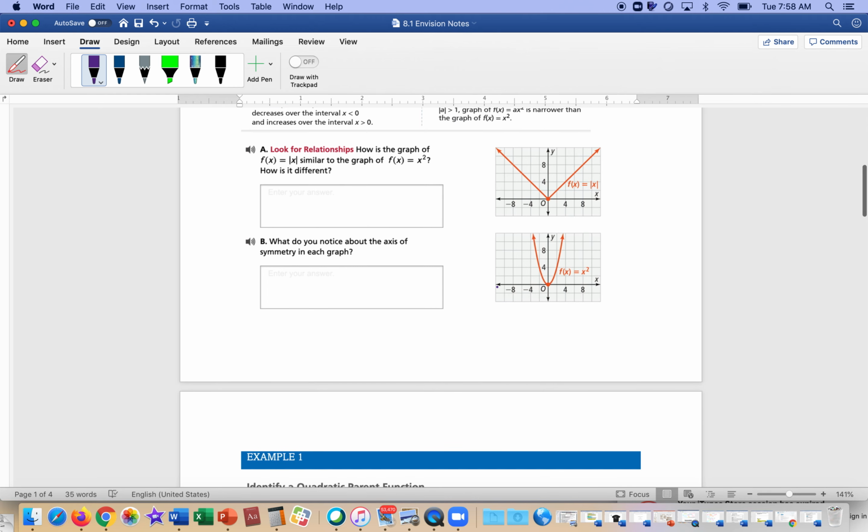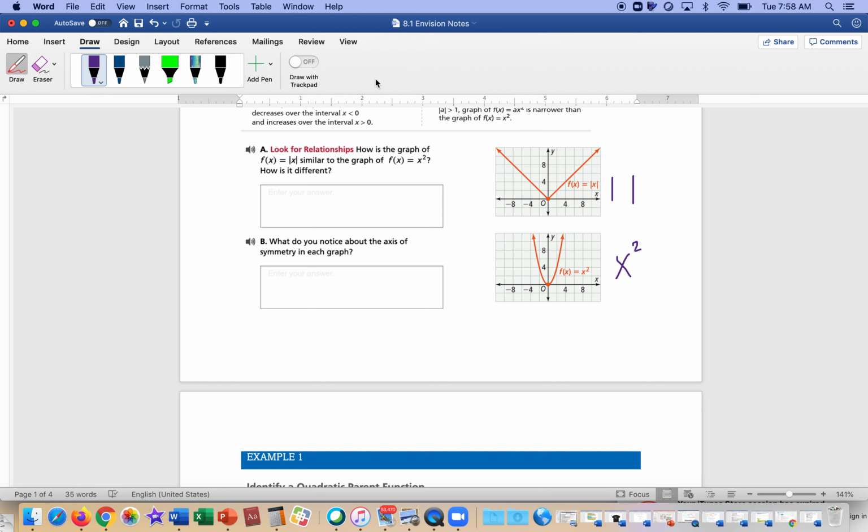Now let's look at the absolute value graph versus our quadratic or parabolic graph. So we say absolute value, we see those absolute value bars, right? And the bottom we say quadratic because the highest degree is x squared. We don't see a bx and a c, right?